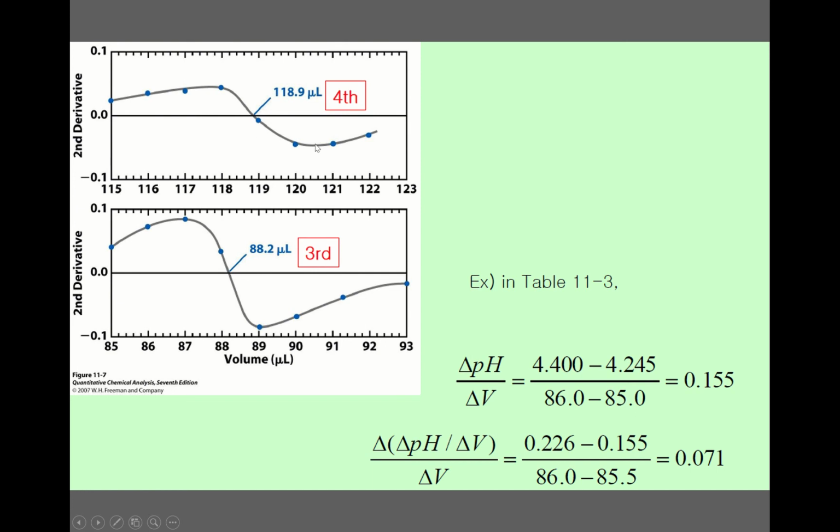That's how you find the end points. As I already mentioned, this is the pH change with respect to volume. Here you take the volume difference, and you also take the pH difference.